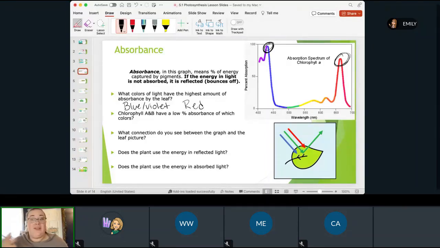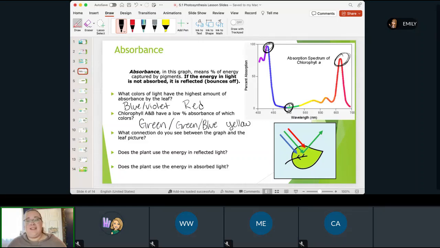Green, which we would expect to be the lowest because that's the color we see them at. And yep, you could say blue too because it's kind of right here where they transition. So this green blue section. Okay. Yep, yellow as well. Good.